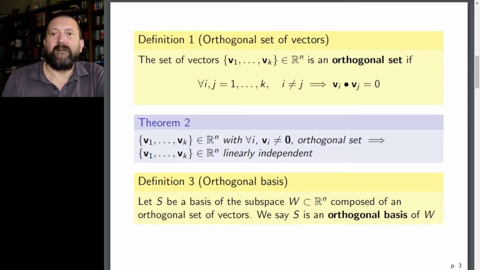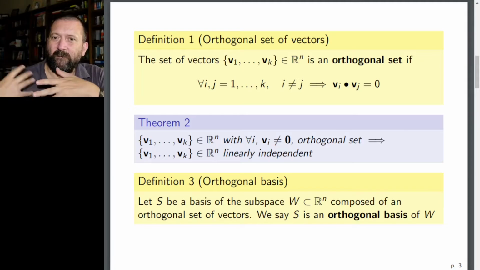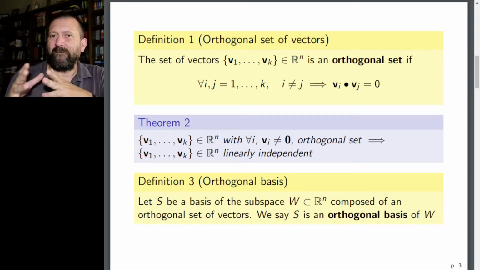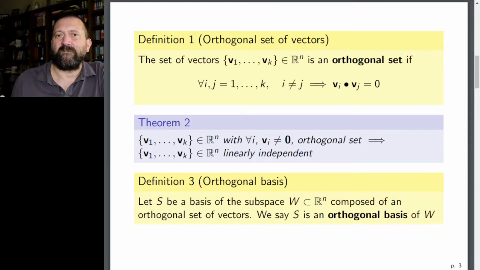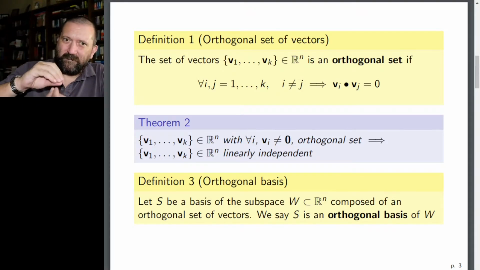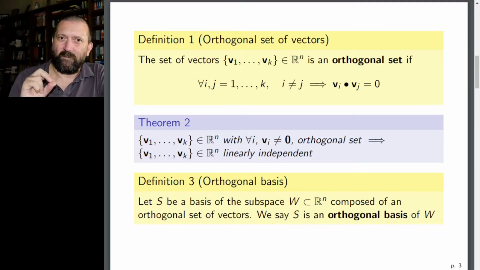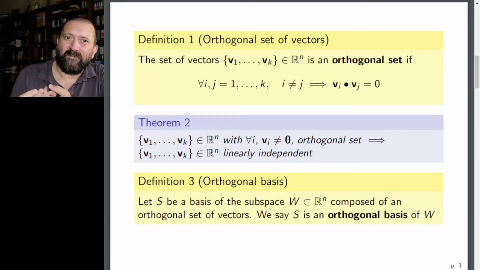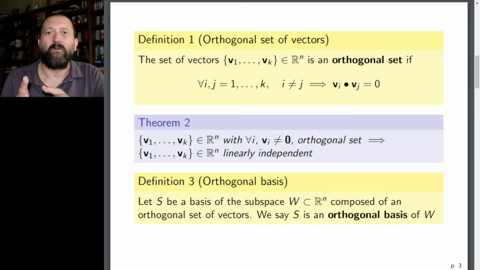And there is a very interesting property of orthogonal sets of vectors. If I have an orthogonal set of vectors, and furthermore none of these vectors are the zero vector, remember, when I say zero vector, I really mean the vector with all zeros, not a vector with some zeros.